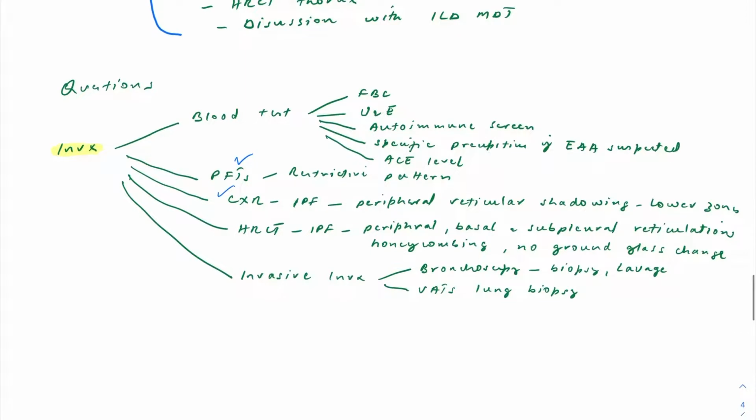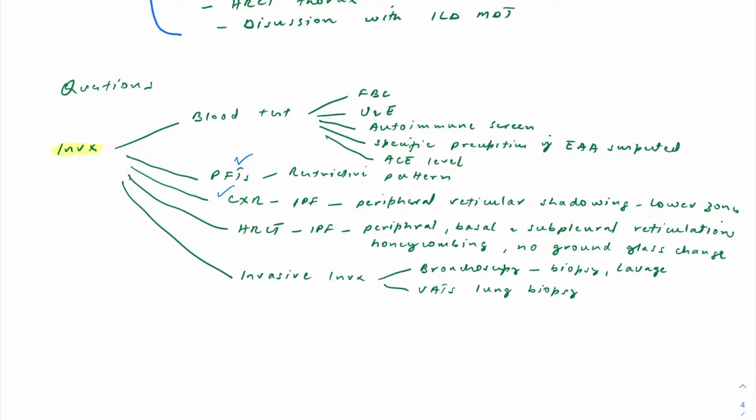If you're particularly talking about idiopathic pulmonary fibrosis, then there will be peripheral reticular shadowing, mostly in the lower zone, and the high resolution CT scan will also show peripheral, basal, and subpleural reticulations. There may be some honeycombing, but usually no ground glass changes.